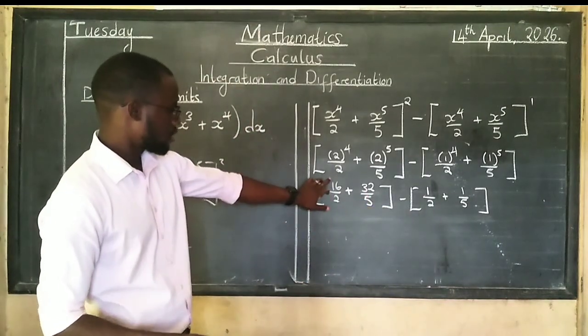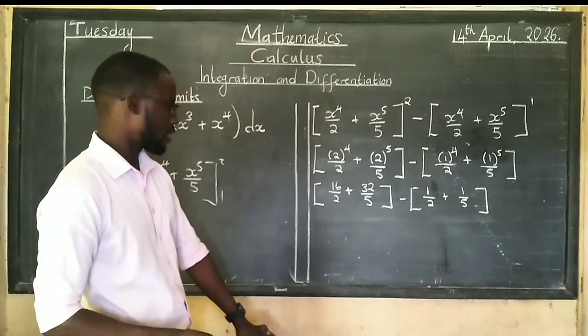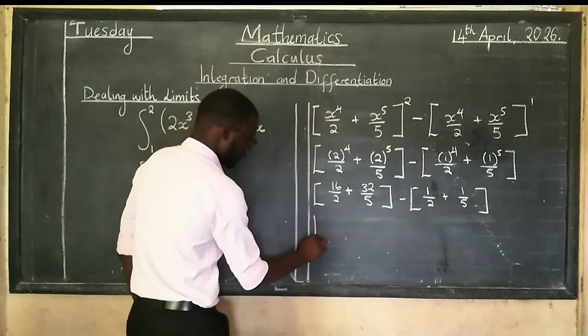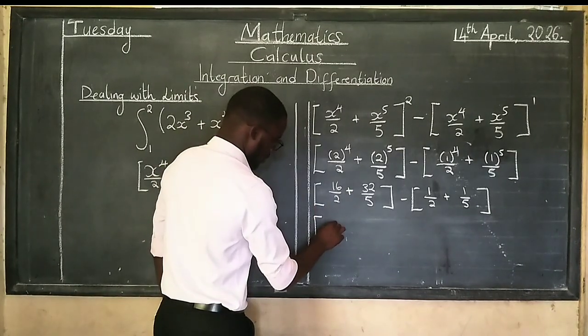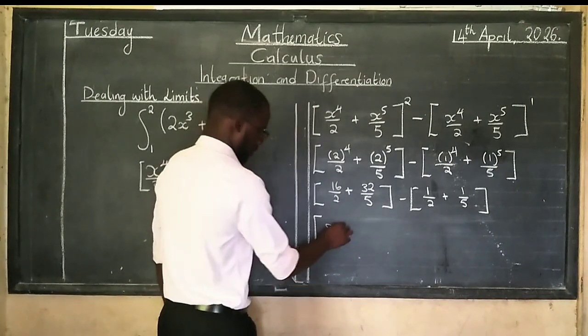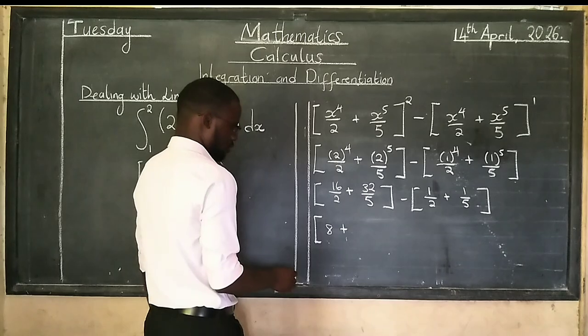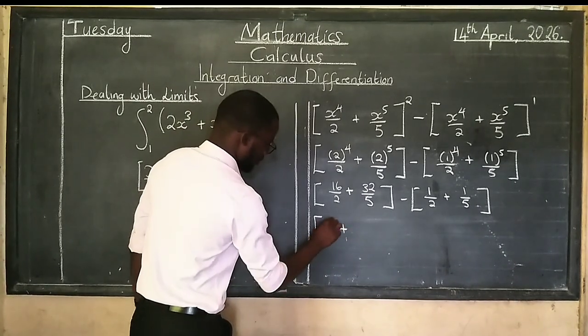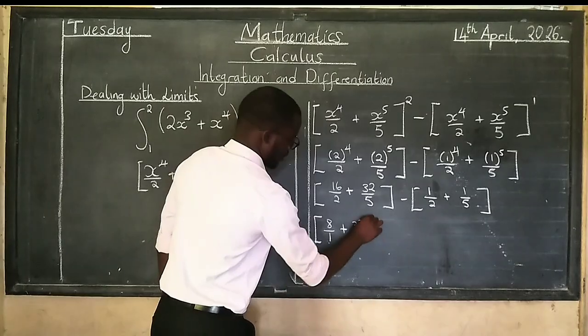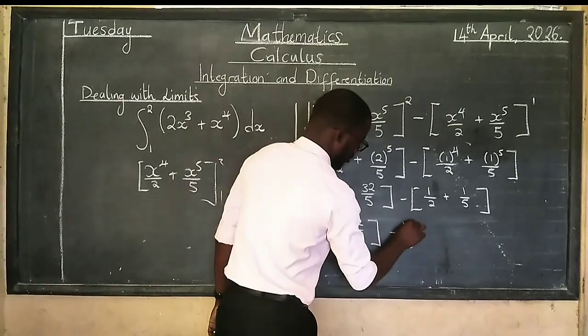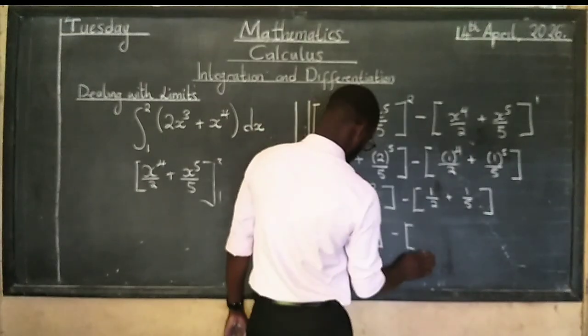So here, 16 plus this, what am I going to have? 16 over 2, which is going to be 8, plus, then there's 2 over 5. Then this part is straightforward.